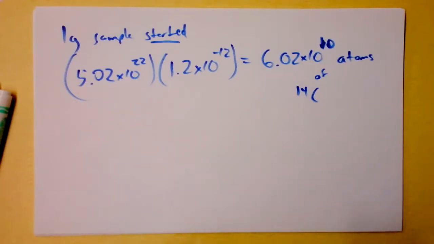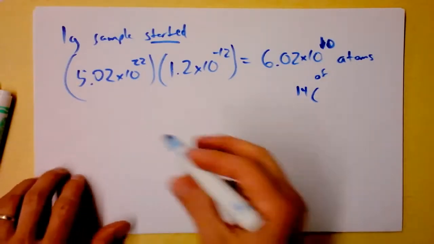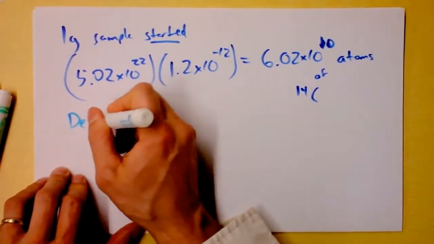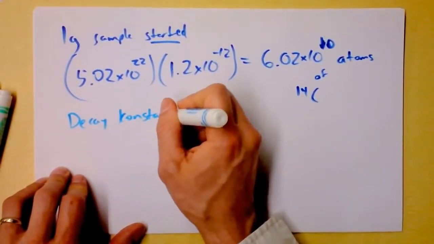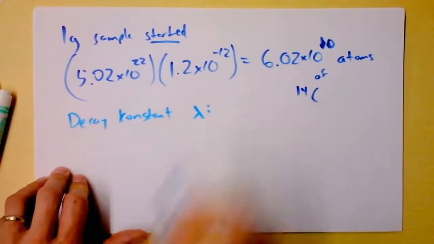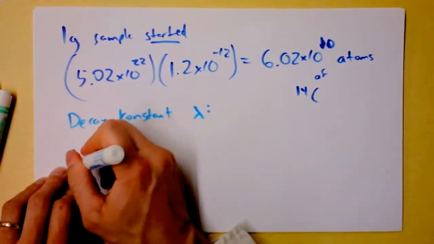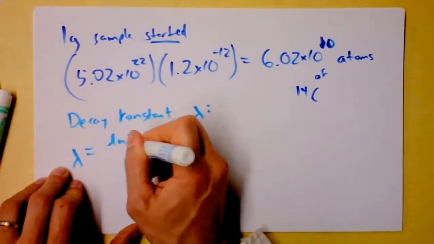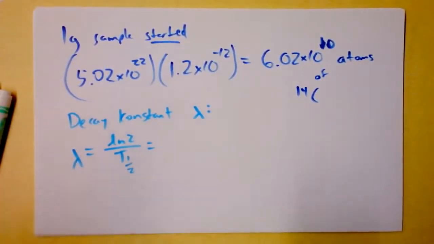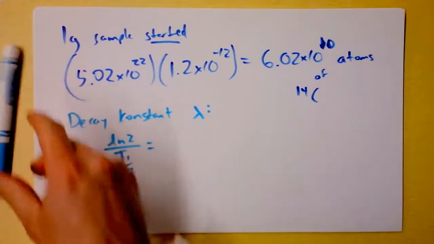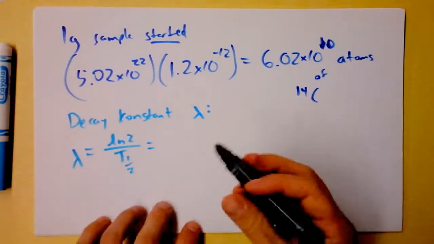Here's the thing. We've got that much, and now we need the decay constant. We're off on a quest for the decay constant, and the decay constant is lambda. Lambda is the natural log of 2 divided by the half-life. But we better convert the half-life into seconds so that we're in SI units and everything is fair.